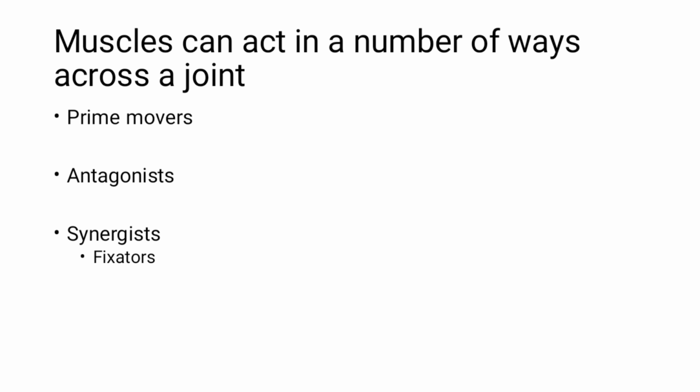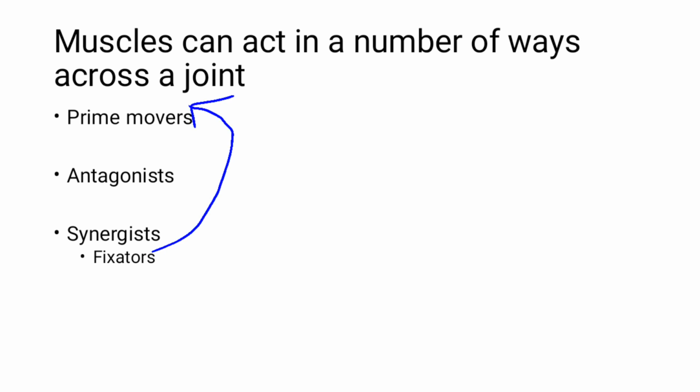Other synergists do not perform the same movement as the prime mover. Instead, they eliminate other possible movements so that the prime mover can act unopposed. So they stabilize the joint.